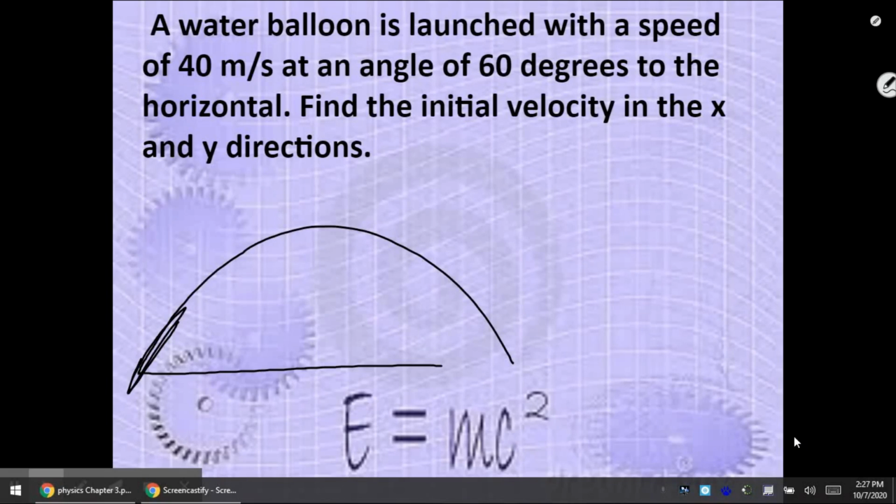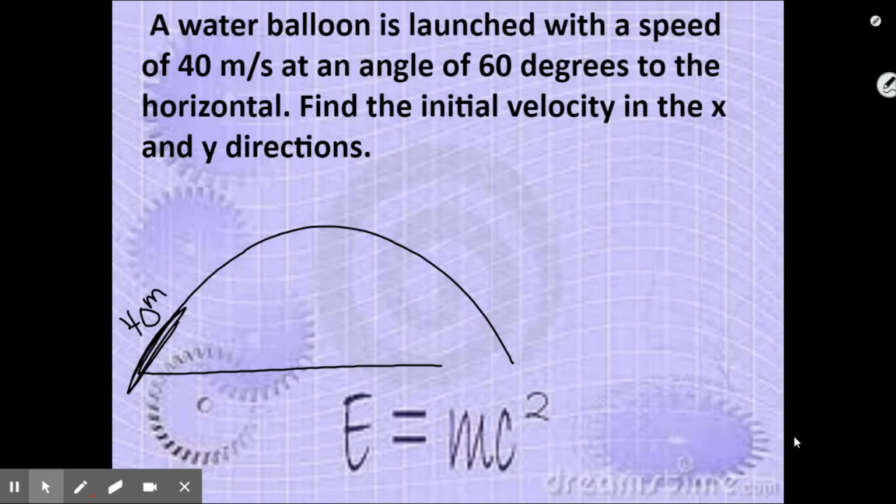So their initial launch is going to be with a speed of 40 meters per second at an angle of 60 degrees. We want to solve for velocity in the x and velocity in the y that they're trying to solve for. So this is just going to be a sine, cosine, tangent problem. Over here, Vy is going to be 40 sine 60.